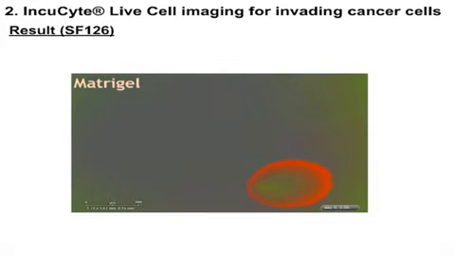Okay, this second movie is for the PANC-1. Again, you can see that only the distinct population within the spheroid can invade into the Matrigel. And also, we can see that in contrast to MIA PaCa-2, PANC-1 actually formed a rounded morphology to invade through the Matrigel.